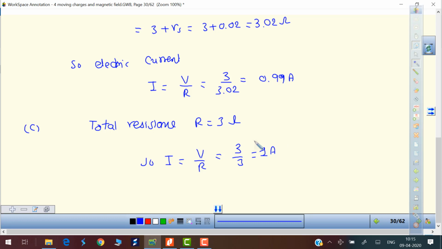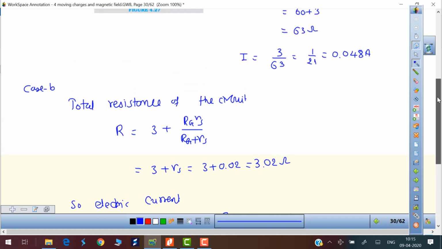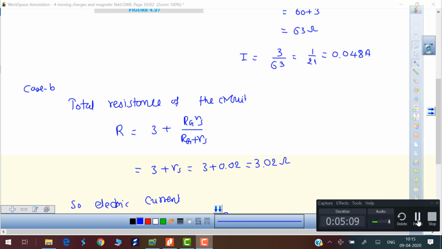So if ideal, then 1 ampere. If shunt, then 0.99. And if you don't use the shunt, then it's very less, 0.048. So as we discussed in the theory, shunt is must to get the correct value of electric current. So this is the last problem.